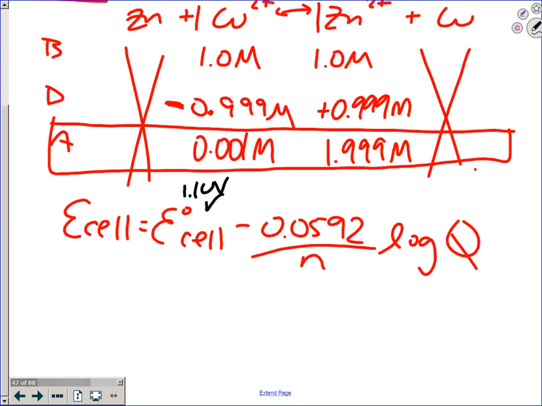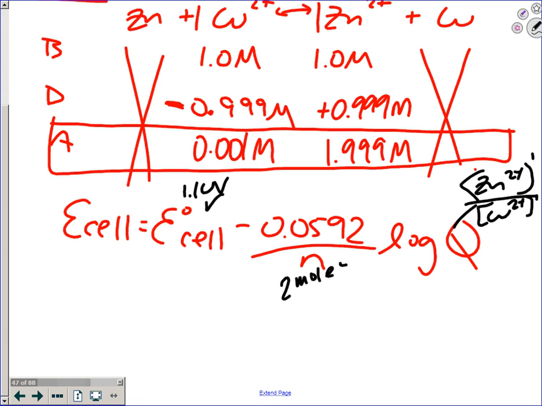That is the original standard voltage. n is what for this equation? 2 moles of electrons. And that's because of the equivalent 2 moles of loss, 2 moles gained. And what's Q set up? No, give me this. 1 over... No, zinc 2 plus over copper 2 plus to the first power.